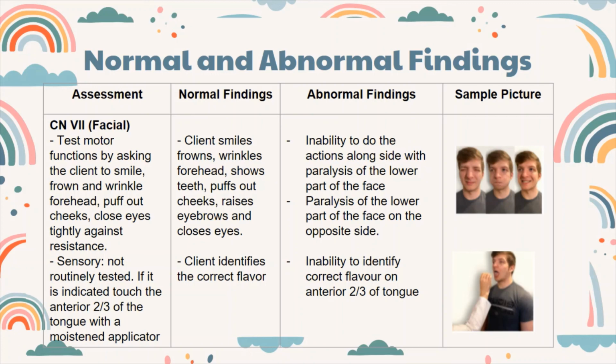For normal findings, the client smiles, frowns, wrinkles the forehead, shows teeth, pops out cheeks, and raises the eyebrows against resistance, and movements are symmetric. For abnormal findings, inability to do the actions, along with paralysis of the lower part of the face on the affected side, so there may be Bell's palsy, while paralysis of the lower part of the face on the opposite side.